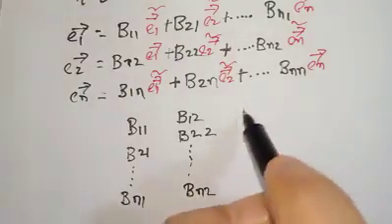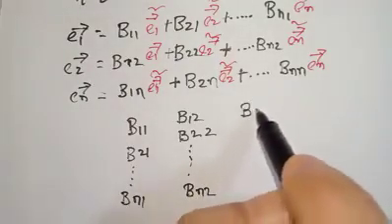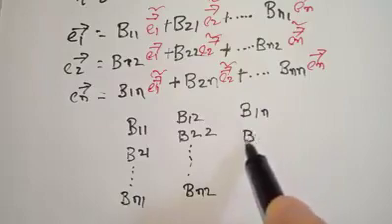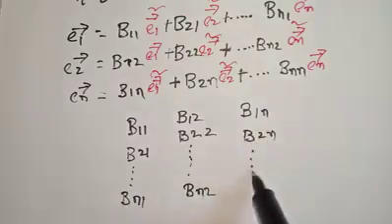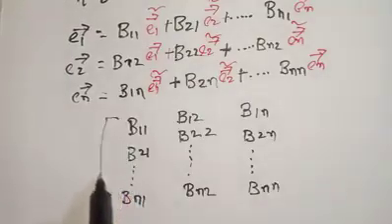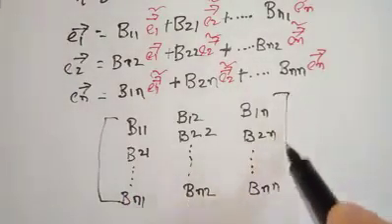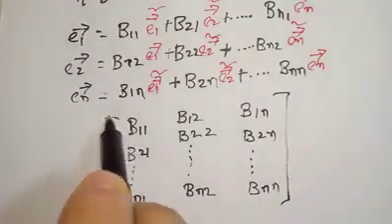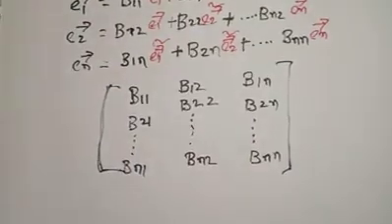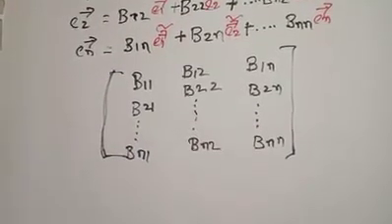Then we have got here B1n, then B2n, dot up to Bnn. So we can put this as a part of the matrix, right? So again, let us generalize it in a general form.